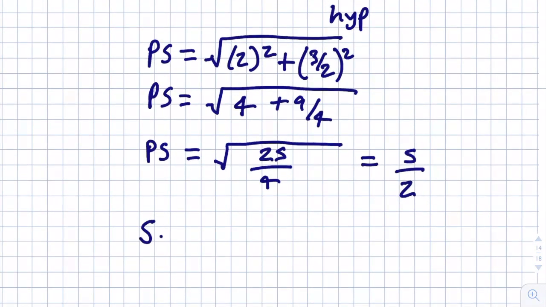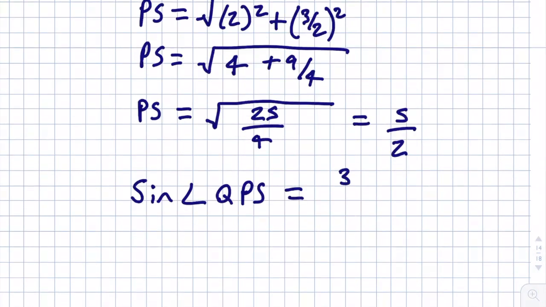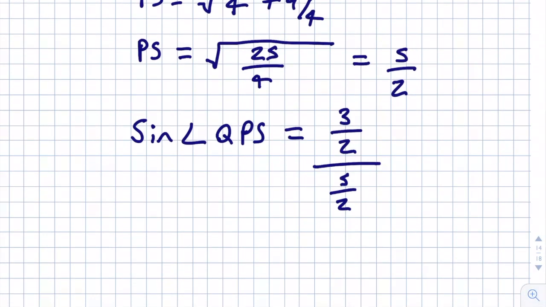So sine of QPS is going to be equal to the opposite side, which is 3 over 2, divided by the hypotenuse, which is 5 over 2. When we divide two fractions, we take the first fraction and multiply it by the reciprocal of the second fraction. So this is the same as 3 over 2 times 2 over 5.